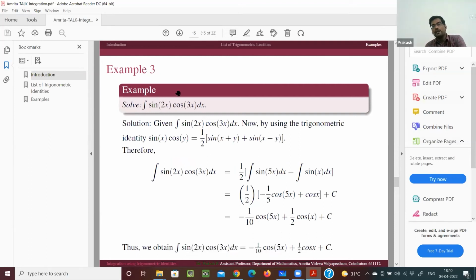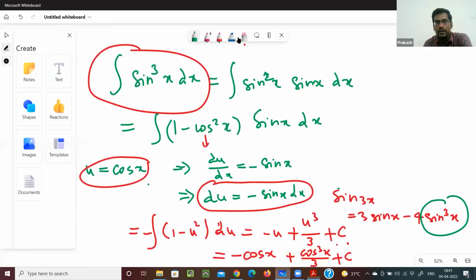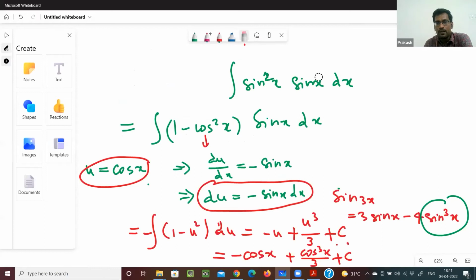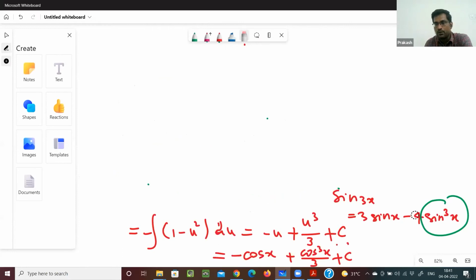So here you see, the trigonometry functions are not involving power terms, but this is the integral of sine 2x cos 3x with respect to x. But here we know some formula, right? So what formula do we know? This problem is a different one, because it is a product of two different trigonometry functions, not power functions.